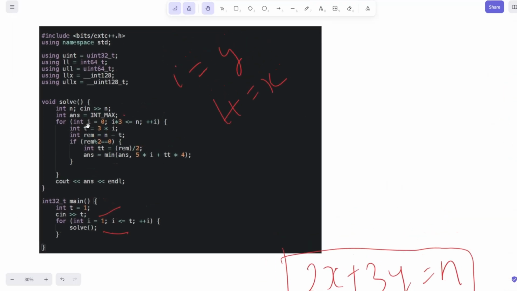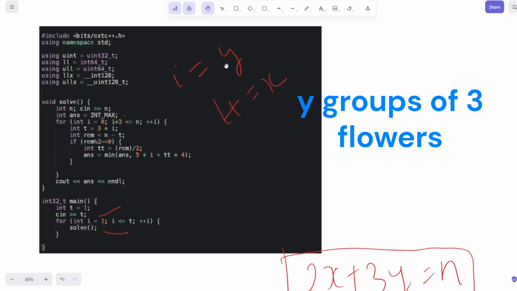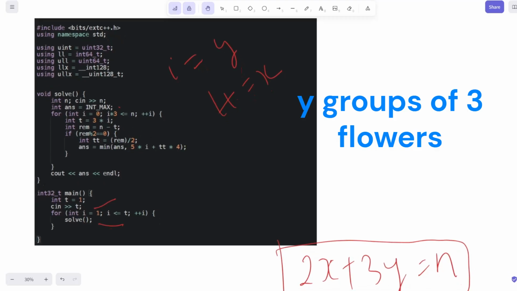You can see y goes from 0 to n by 3, and we are taking the remainder. Suppose we have bought y groups of 3 flowers, then what will be the remaining flowers we have to buy? That is simply equal to n minus 3i.